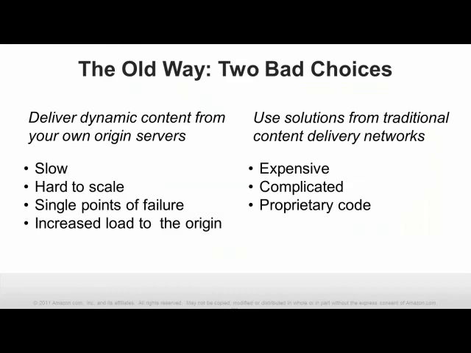It introduced single points of failure and was expensive. You had to handle that load. On the other hand, there were solutions from traditional content delivery networks that worked for dynamic content, but these were expensive, they were complicated to configure, and they often required proprietary coding in order to get them to work.